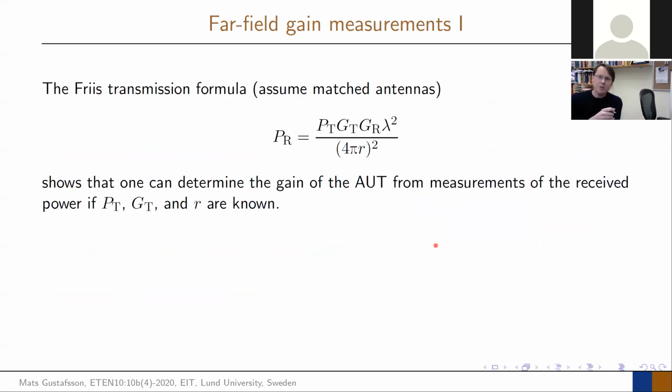Okay, so then we can ask, how do we do the measurements? What have we learned in this course? One of the first things we learned was the Friis transmission formula. It says that if I measure the received power at my antenna under test, and I have my other transmitting antenna, a known antenna where I know the gain, I know the wavelength because I know the frequency, I know the distance between them, and I know what 4 pi is.